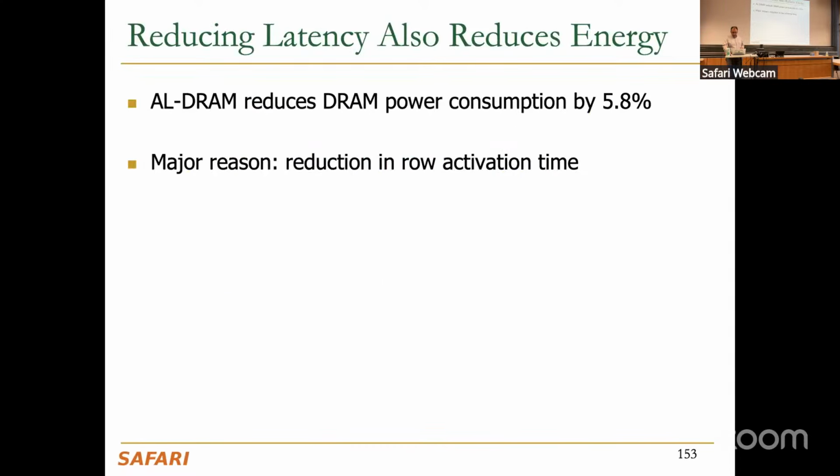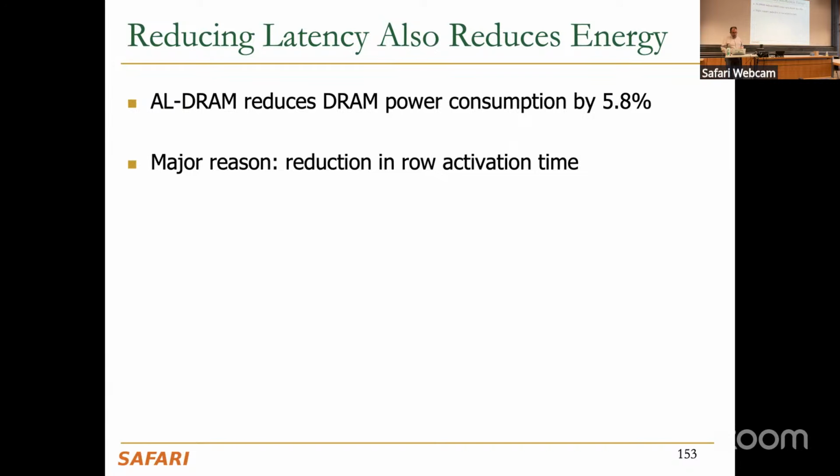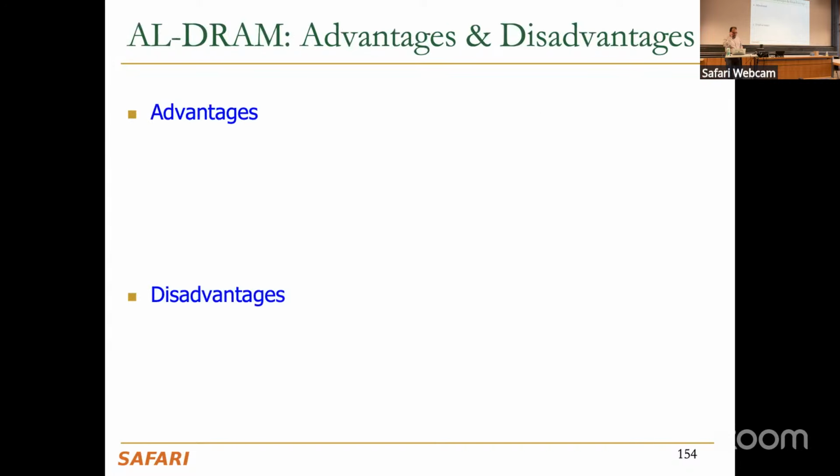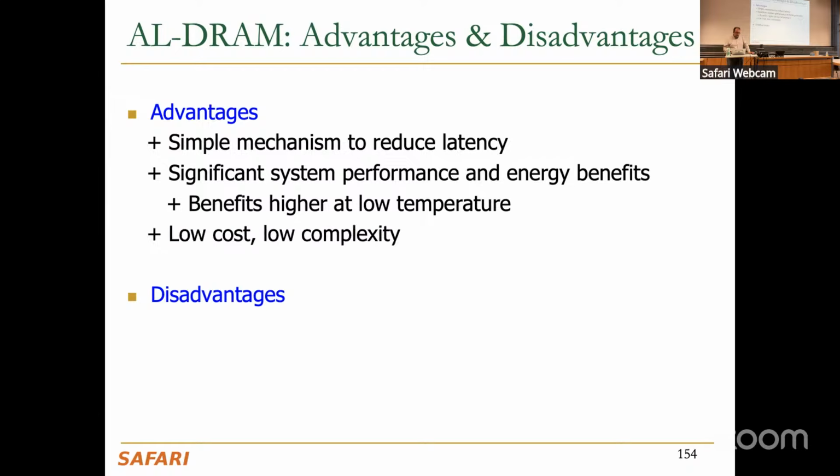I think we already discussed the summary results, so let's conclude with some advantages and disadvantages. This is a simple mechanism to reduce latency, with significant system performance and energy benefits, and the benefits are higher at low temperature and with multi-cores, at low cost and low complexity.